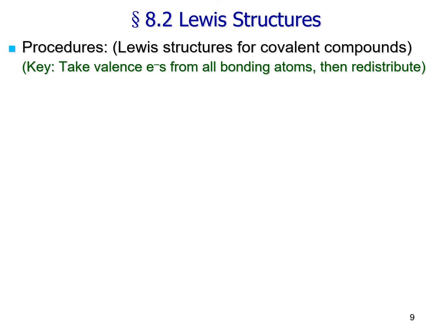That is the reason why I would like to introduce a procedure for writing Lewis structures for covalent compounds. Polyatomic anions also can be included here. This method I like to call the playing God method, because what we're going to do here is take away those valence electrons from all bonding atoms.